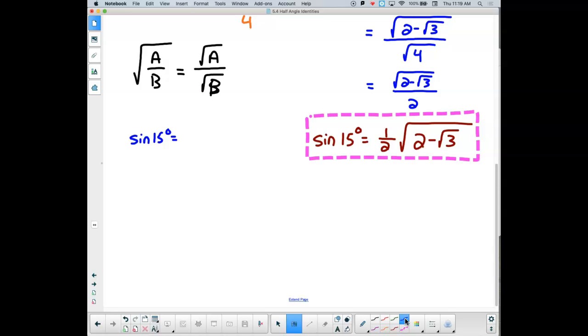Sine of 15 degrees. One half times the square root of 2 minus the square root of 3 is the same thing. Okay?